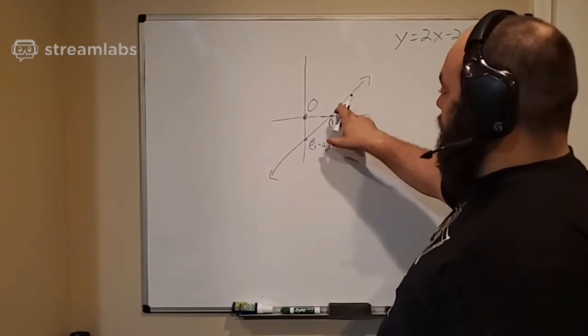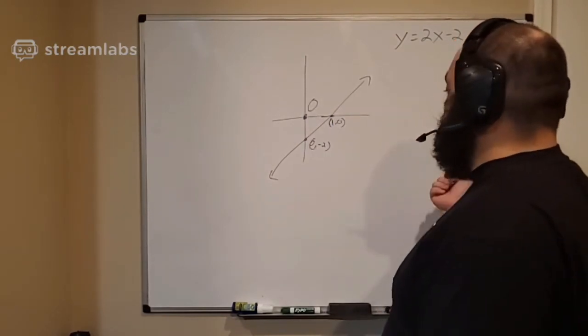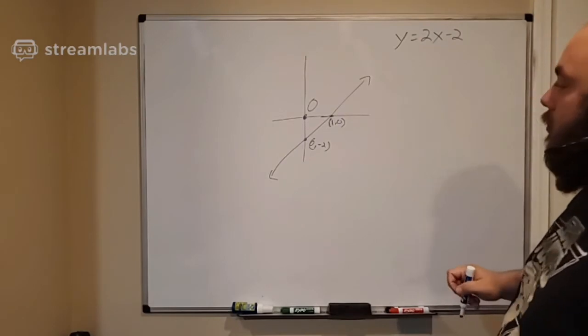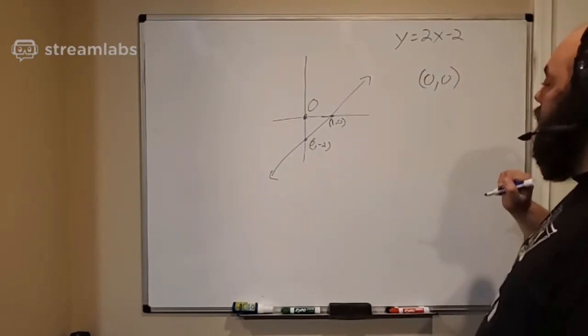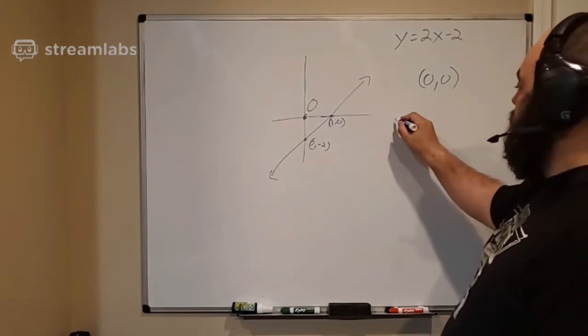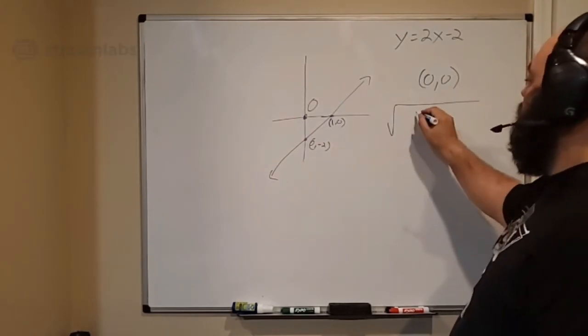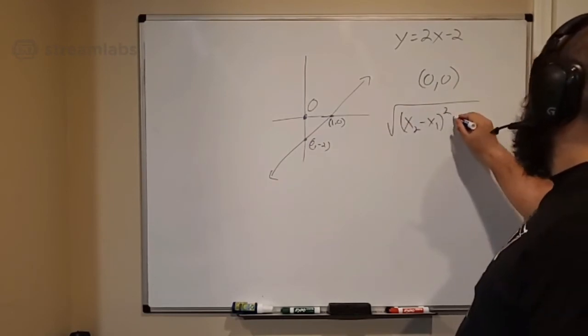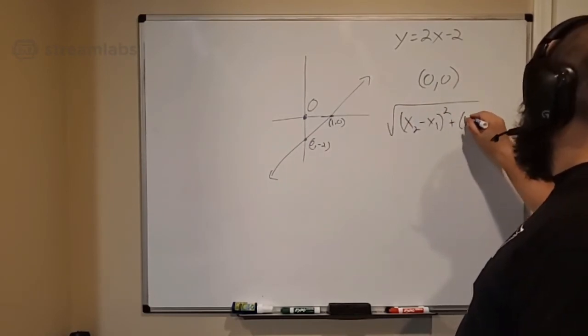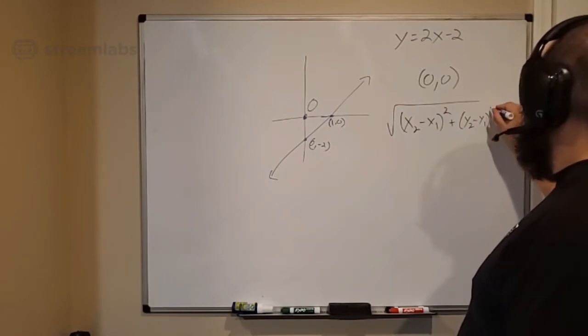So basically just use your distance formula to find that. You know one of the points is 0, 0, and you're looking for P and Q. Remember, the distance is the square root of x2 minus x1 squared plus y2 minus y1 squared. So that is your distance formula.